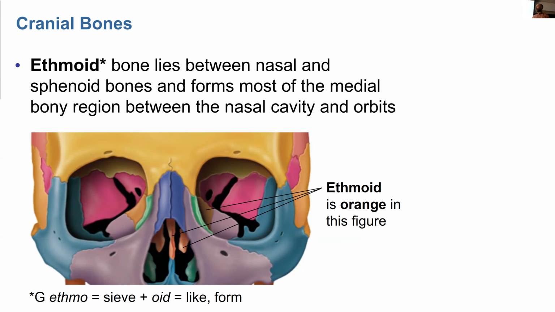What's important to note here is the position. The ethmoid bone is between the sphenoid bone and the nose, and is in the middle. So it forms this medial bony region between the nasal cavity, which is in here, and your two eye sockets. So basically it is the bony structure between your eyes and your nose, right?